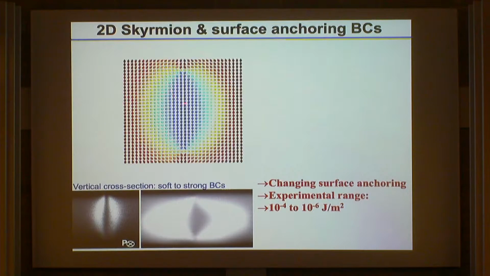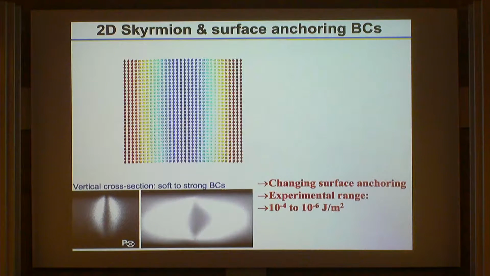But then as we look at the side view, when the anchoring is weak, we just have this structure translationally invariant across the entire sample thickness, and it's 2-dimensional in nature. However, if the anchoring is strong, then we can have point defects of the same class of homotopy group as the skyrmions, pi2 S2, capping this skyrmionic tube close to the 2 confining surfaces. And here you can see those in the experiment.